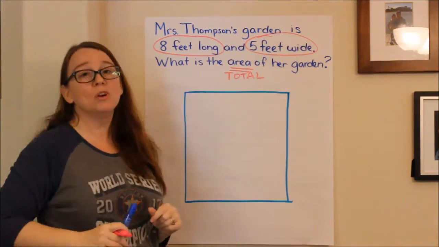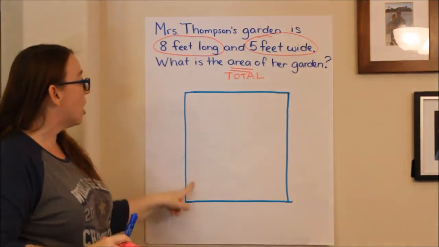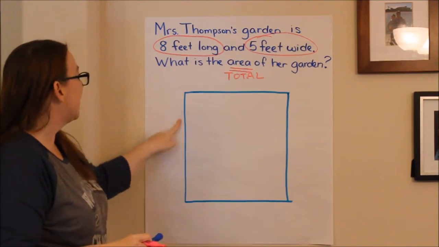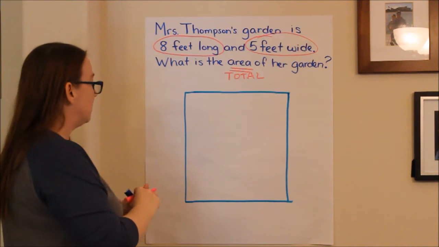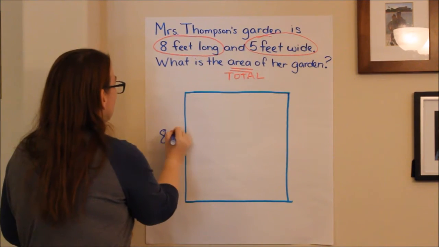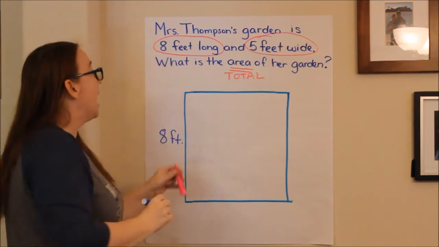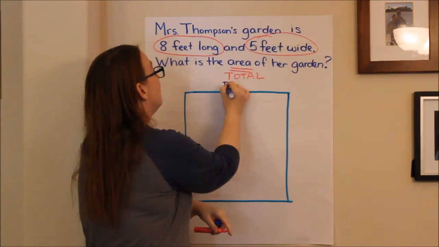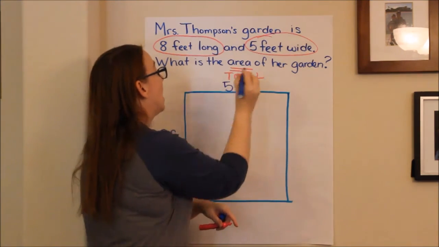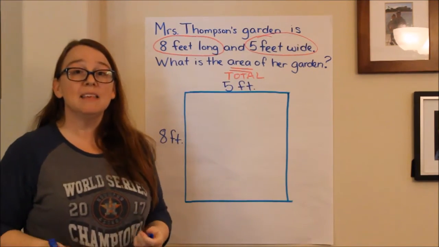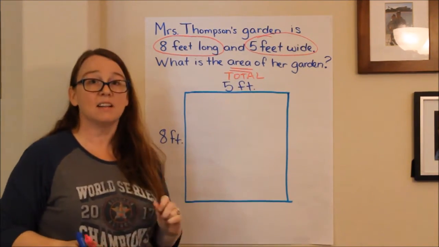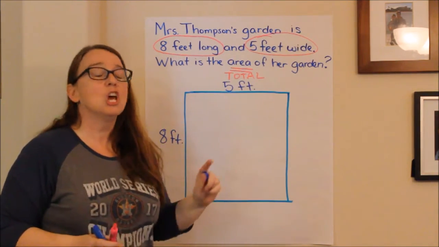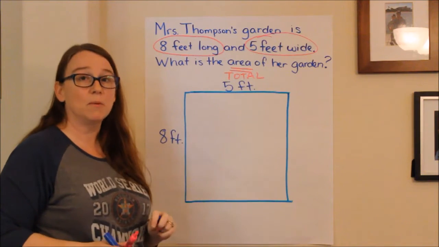So this is going to be a rectangle, so I'm going to draw a rectangle if there's not one already drawn for me. And I'm going to label one side as being 8 feet long, and the other side is going to be my other measurement, or 5 feet wide. In order to find the area or the space inside of this rectangle, I'm going to create a multiplication equation using my 2 lengths of my rectangle.